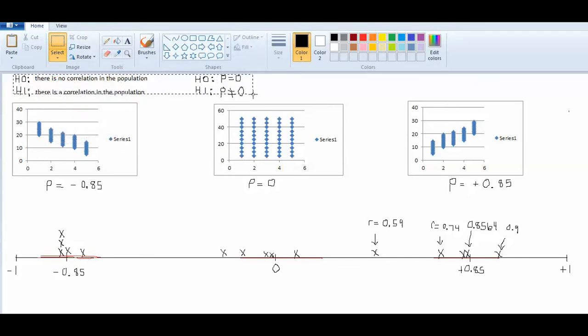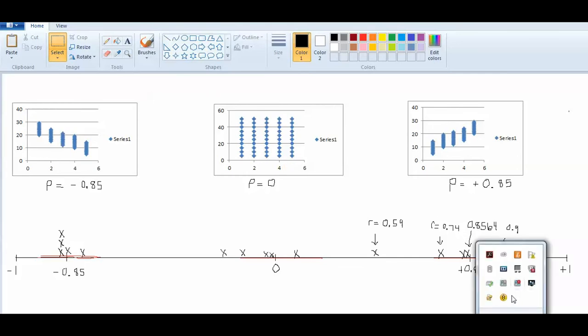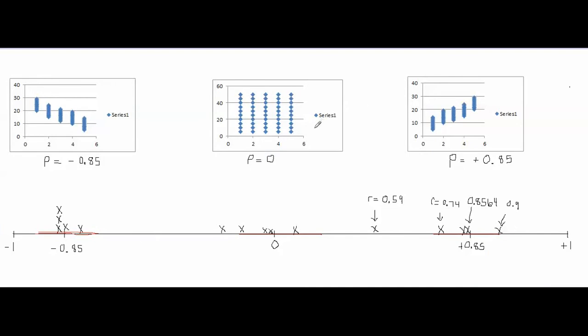And later in this video, we'll get into how a person actually makes the decision about whether the population correlation coefficient is 0 or not 0. Before we can understand how to make the decision about the population, we have to talk more about what outcomes are likely to happen when the population has no correlation, and what outcomes are likely to happen when the population does have a correlation.